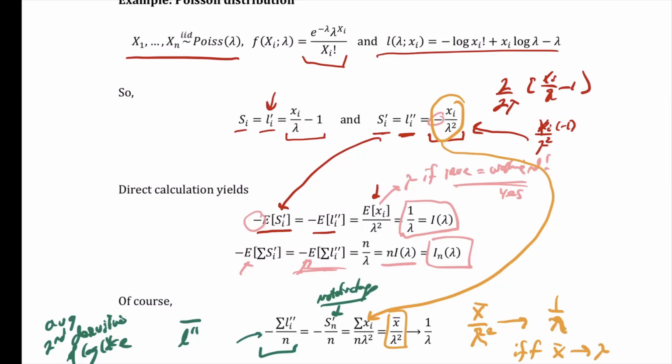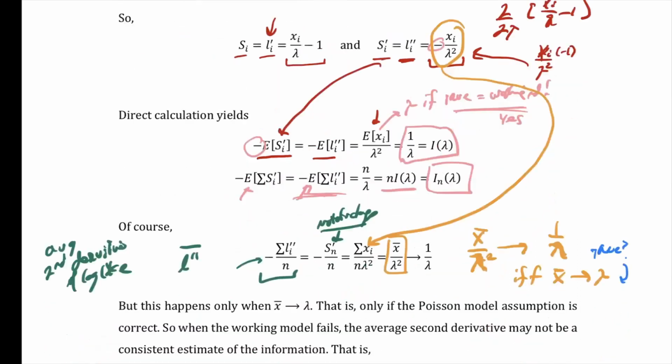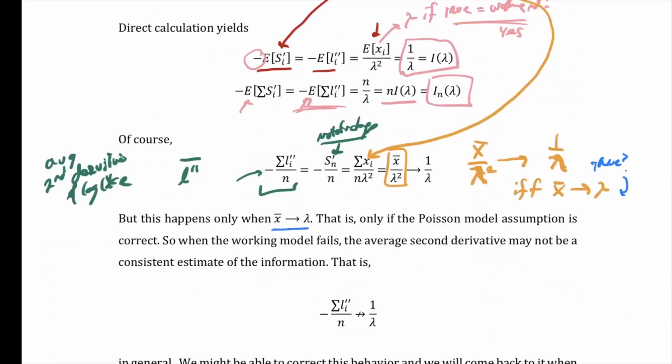Okay, so there we go. And this only happens under some conditions, like if the model is the true model. So this is what it says here. This only happens when X bar converges to lambda. That is, only if the Poisson model assumption is correct.